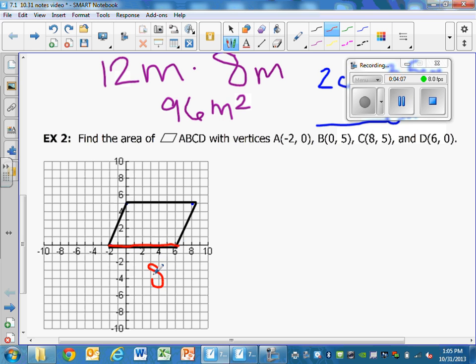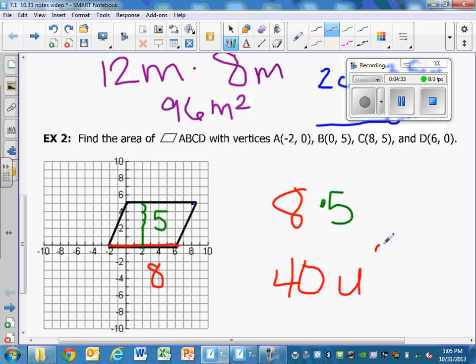My base is 8. Then how tall it is, remember we're not going to count that slant, we're going to count how many high. 1, 2, 3, 4, 5. So my height is 5. To find my area, I'm going to do 8 times 5. It didn't say our units, so our answer is just 40 units squared.